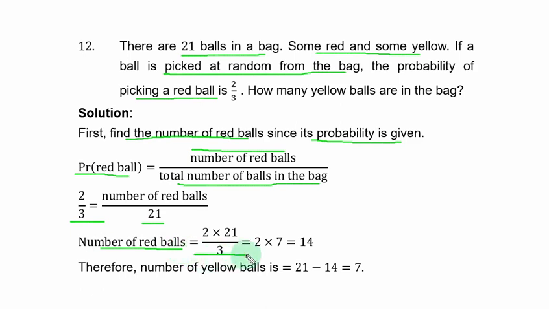You have this result. That is 2 times 7 equal to 14. Therefore, the number of yellow balls is equal to the total number of balls, 21, minus the number of red balls, 14, and that is 7.